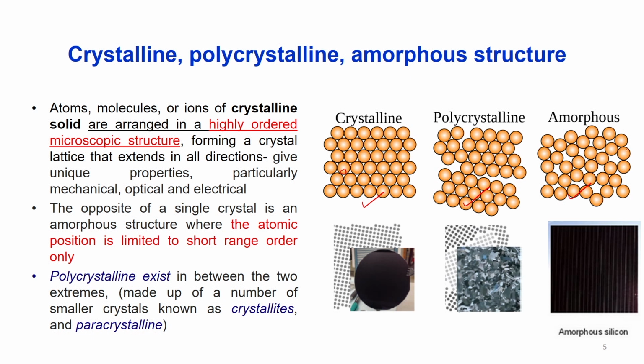The opposite happens in the case of the amorphous structure. The atoms are very unorganized, and the atomic position is limited to short range order only. But polycrystalline exists between the two extremes of crystalline and amorphous, and it is made up of a number of smaller crystals known as crystallites and paracrystalline phases.